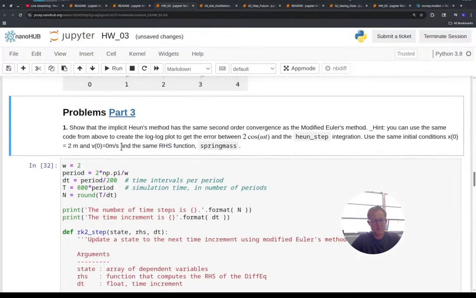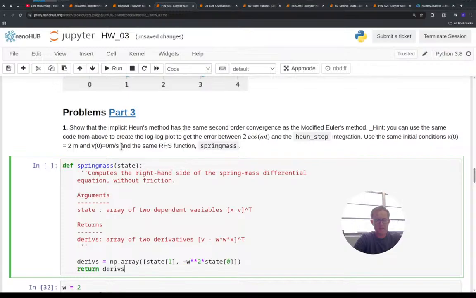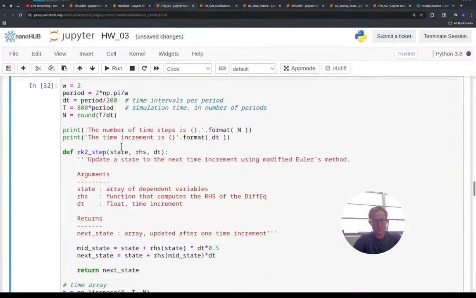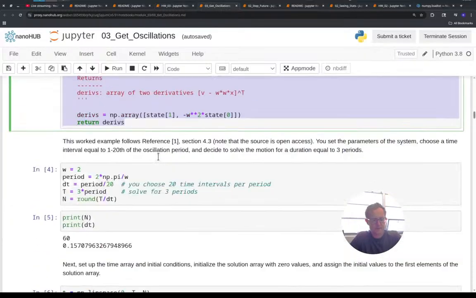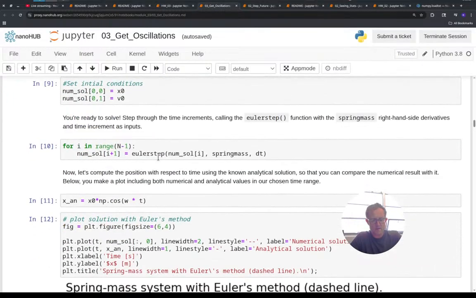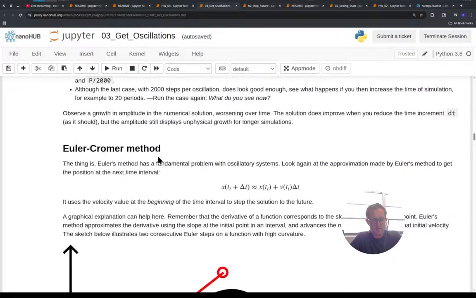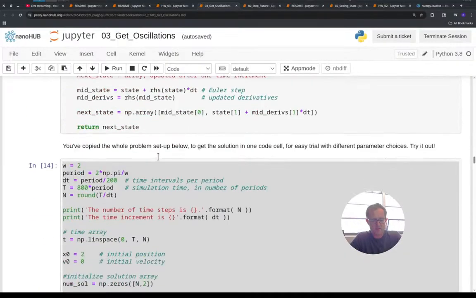I like to have my functions in a separate file. I guess I should have done that for Runga-Kutta, but that's all right. Get error is not defined. Get error is just a subtracting method, but we can copy it over.